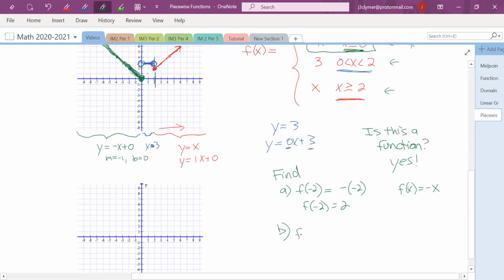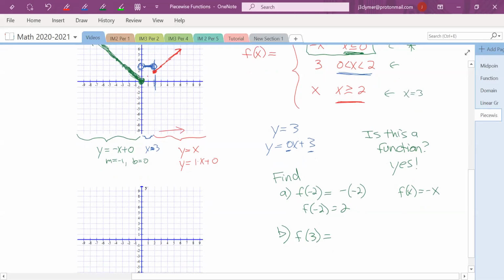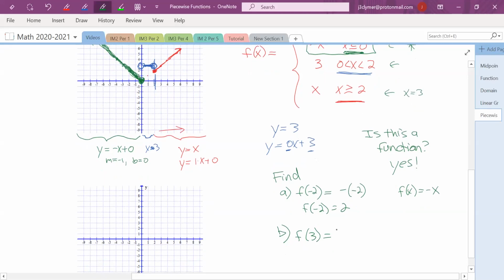All right, so let's try another one. What if I said f of 3? Okay, we're not going to use this first one anymore because 3 is not less than 0. Instead, we're going to want to use this one. So x equals 3 fits into this third category. And so therefore, we're going to use the function f of x is equal to x.